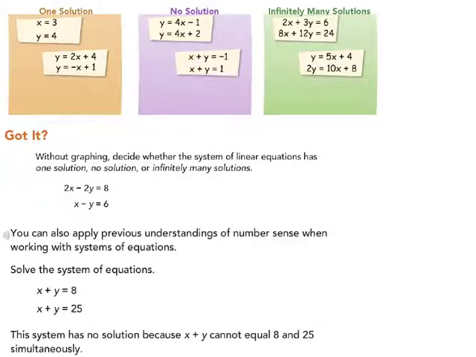We're going to do some work here. If I have x plus y equals -1, I'm going to subtract x from each side to get y by itself. So y equals -x minus 1.